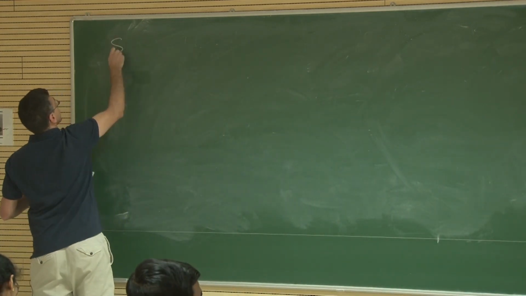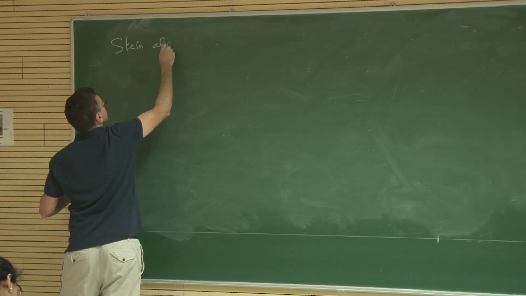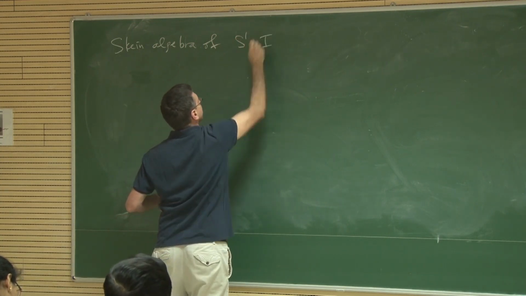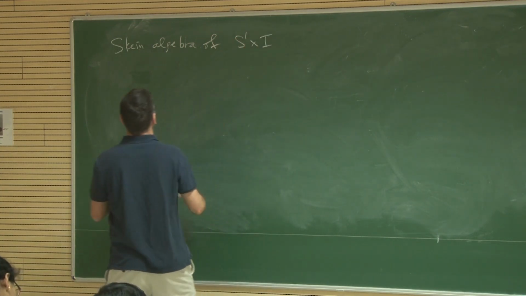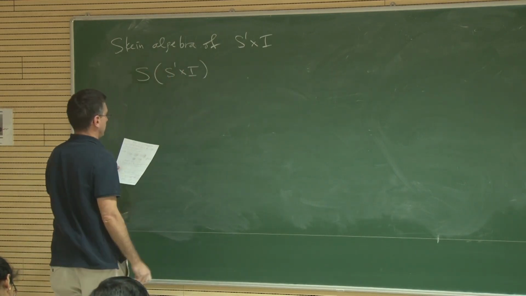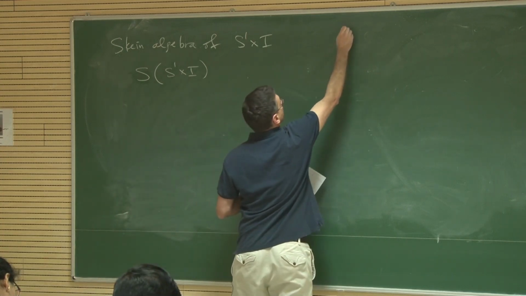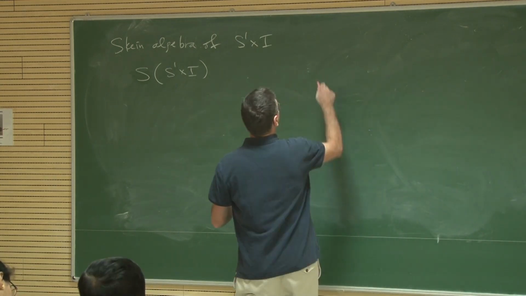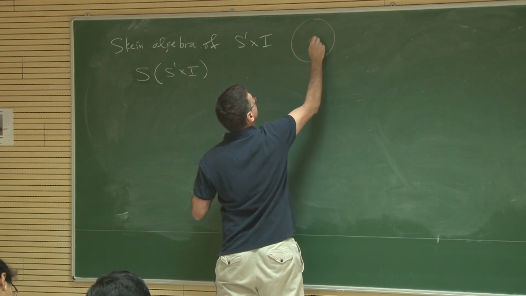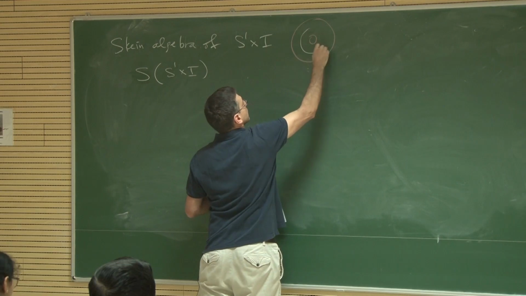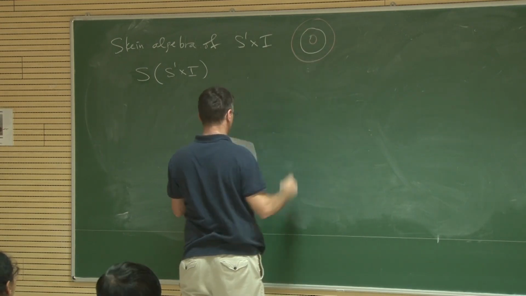Let's take the Skein algebra of S1 cross I. So this is going to be S of S1 cross I. And if I draw this, it may be helpful to draw it in another color. Here is my S1 cross I, some annulus. And let's take an element in this annulus.